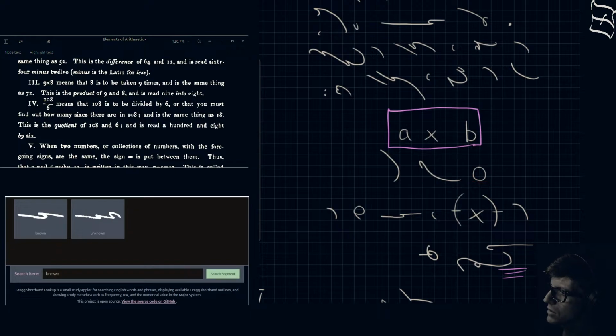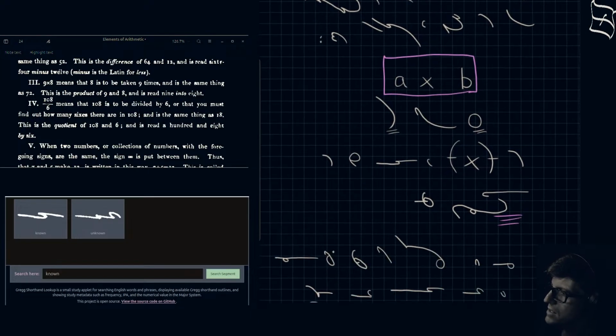Let's go ahead and put the little symbols under this so that we show we're talking about the names of the letters. A into b, and then below it says the symbol is known as a multiplication sign.